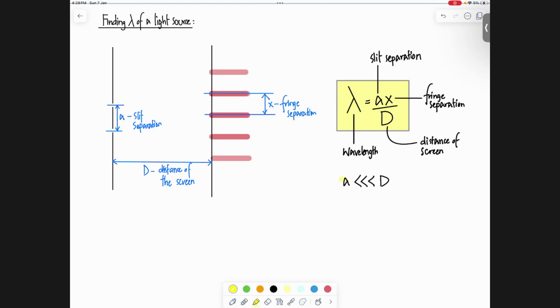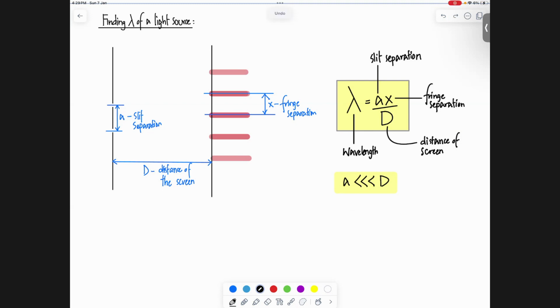Let me explain. Generally, one less than sign means it's less than, obviously. In math, if you put multiple less than signs, it means it's multiple magnitudes less than. So what three less than signs mean here is that the A to D ratio has to be approximately 1000.